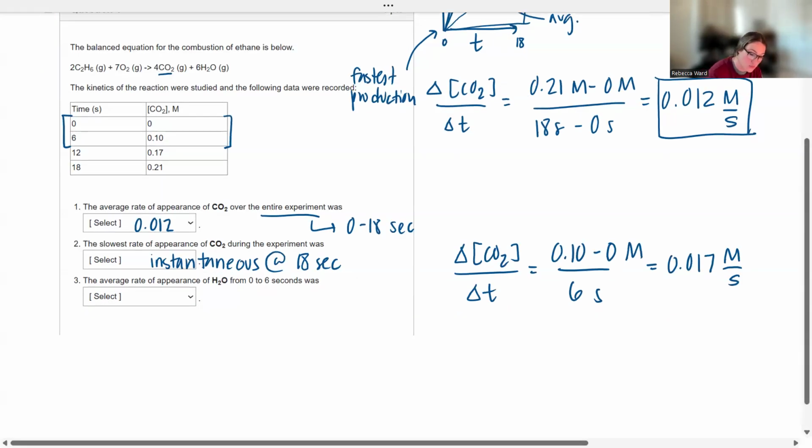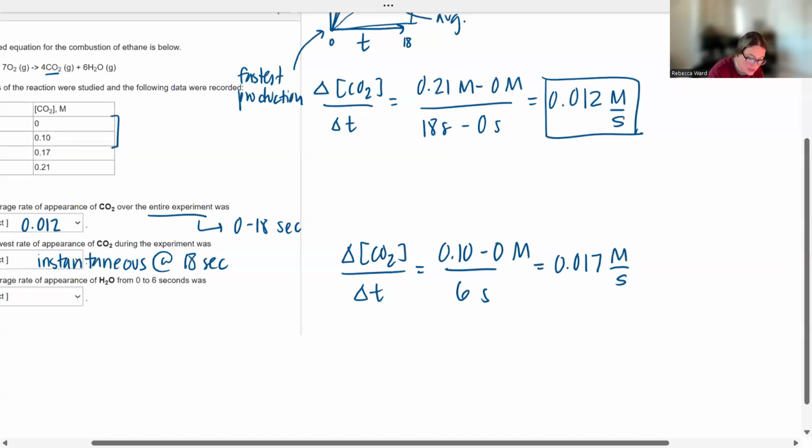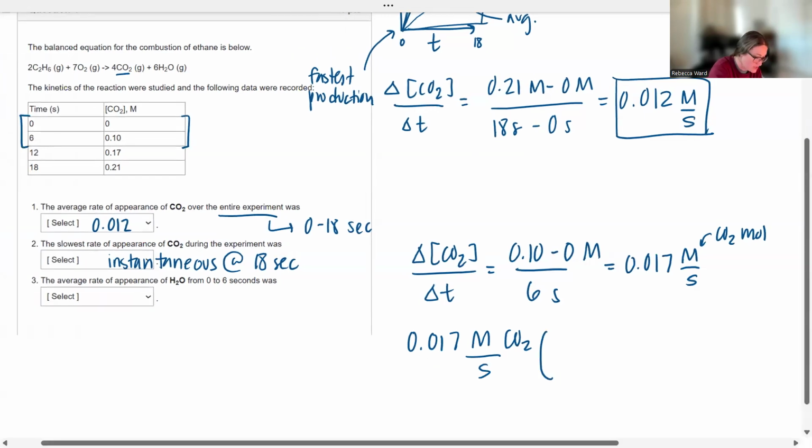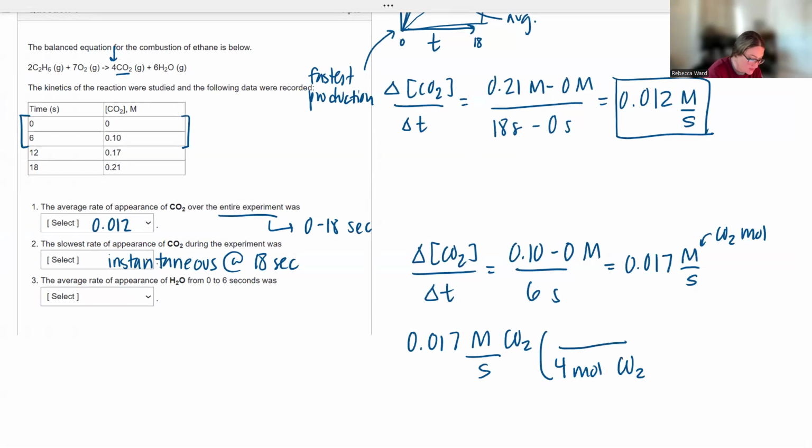We could think about that as molar, where the moles in that molar are CO2. But I don't want CO2. I'm looking for the answer in terms of water. So I could just grab my coefficients here and say, for every 4 moles of CO2, I must have also produced 6 moles of H2O.